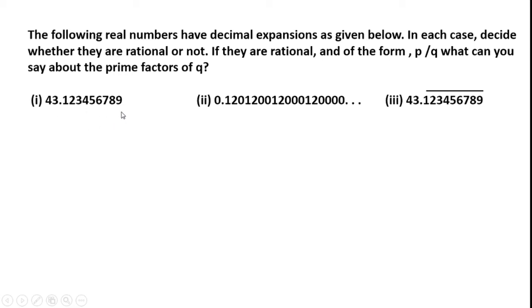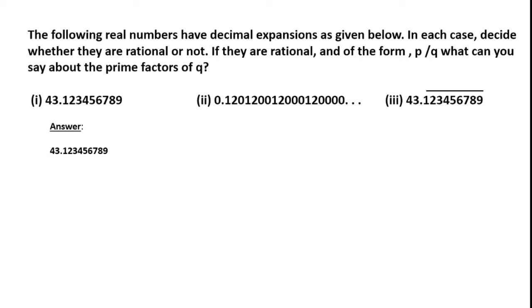We have to say whether each is rational or not. If it is rational, we have to say about the prime factors of q, meaning the prime factors of the denominator. How can we say that? By using the theorem. In my previous video I explained one theorem. Based on that theorem, we are doing these problems. Let's see.